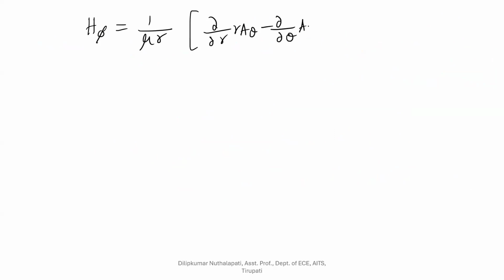Then we can write the field component of H as only phi, that is H phi is equal to 1 by mu r into dou by dou r of r A theta minus dou by dou theta of A r. This is the value. And then here we substitute A theta and A r, which were derived earlier for the vector potentials.